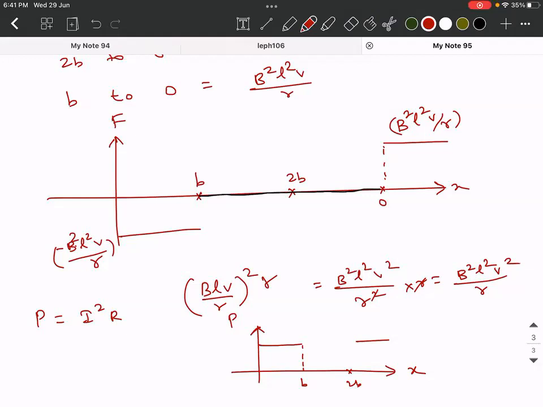Am I clear? Right. So this is another important concept, which is a problem based on motional EMF.